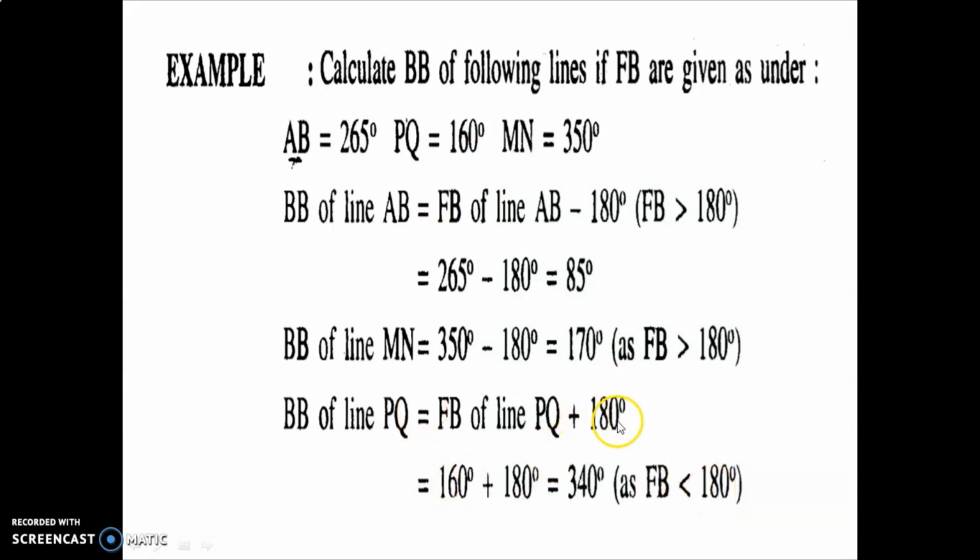So as per our formula we will add the 180. So 160 plus 180 is equal to 340 degrees. Using this example you can easily understand, if the forebearing is given to you and you want to calculate the back bearing in the WCB system, how you can calculate.